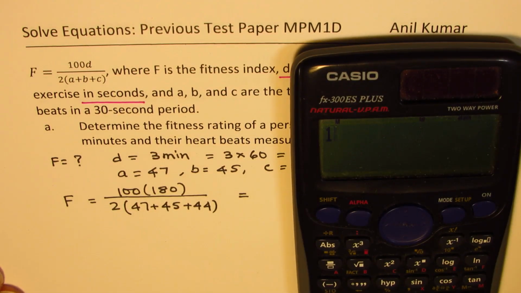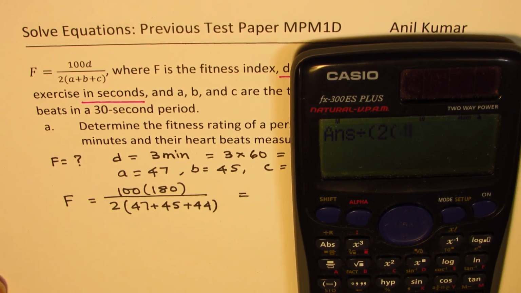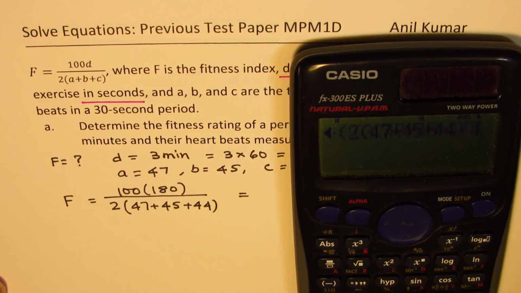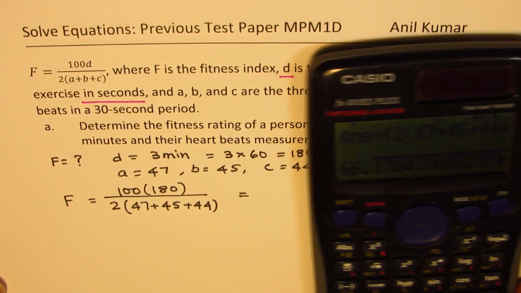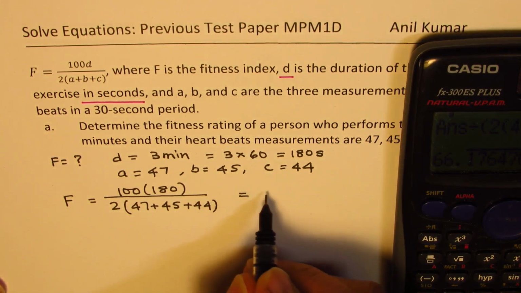We need to multiply 100 by 180 and divide this by, let me write in brackets, 2 times, within brackets, 47 plus 45 plus 44, brackets close, equals. So the decimal equivalent is 66.17.